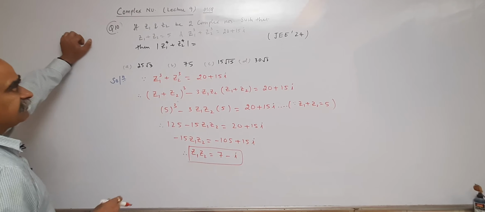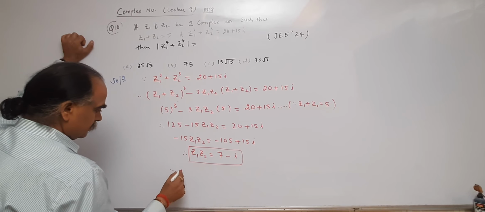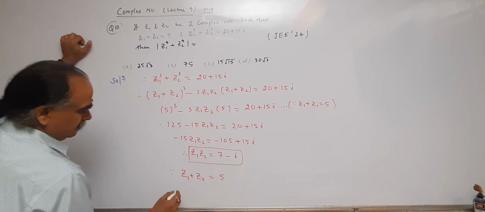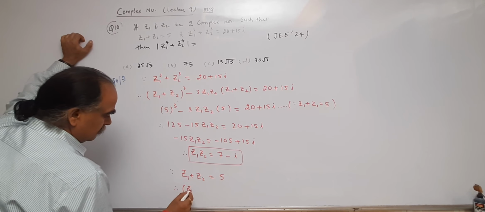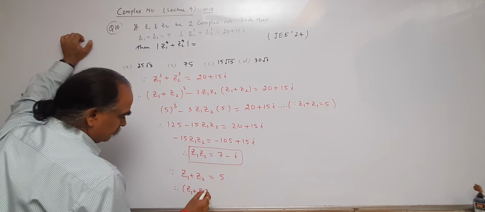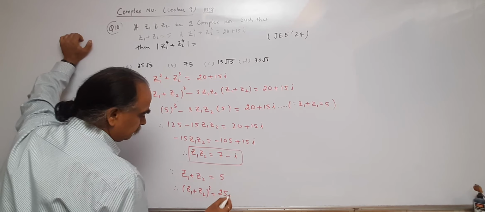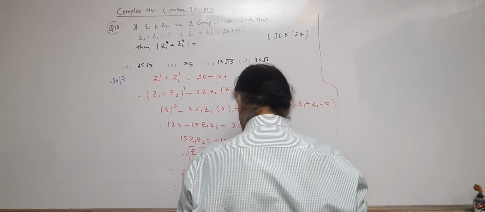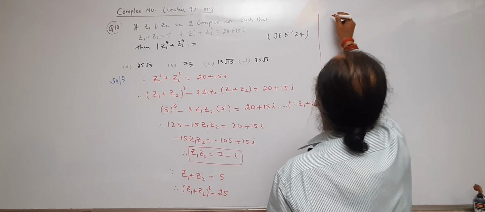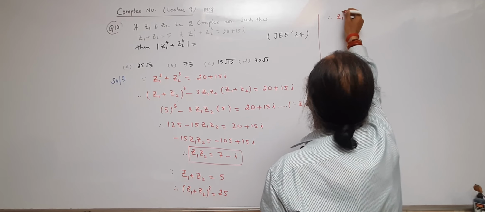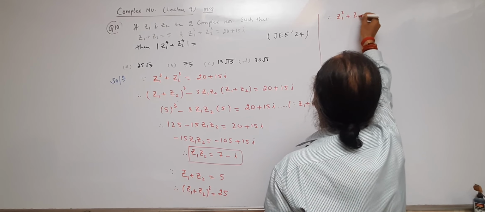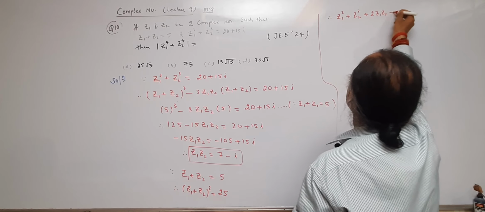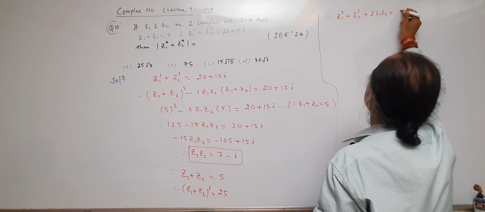Now Z1 plus Z2 is 5. So Z1 plus Z2 square will be 25, which is same as Z1 square plus Z2 square plus 2Z1 Z2 is equal to 25.